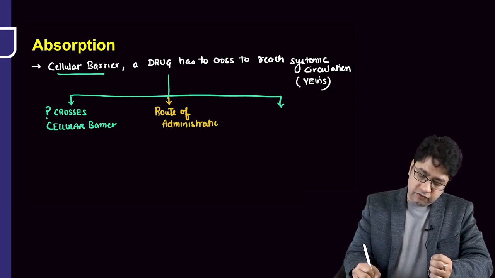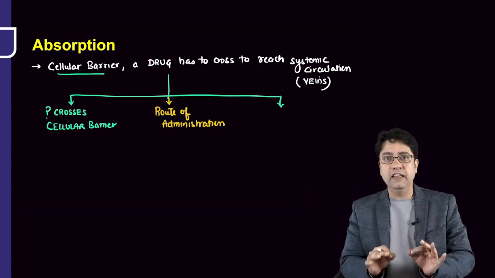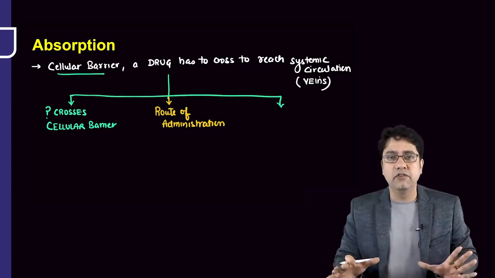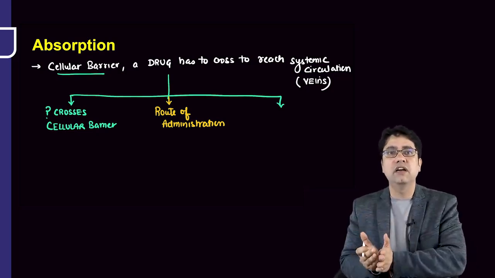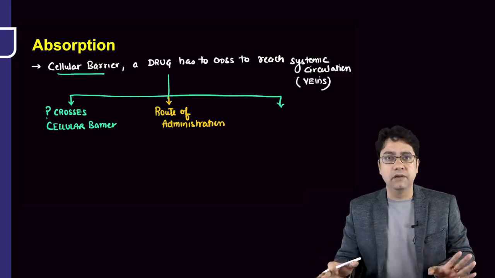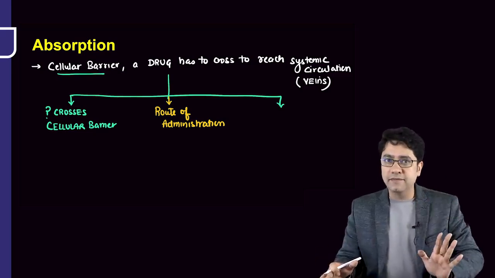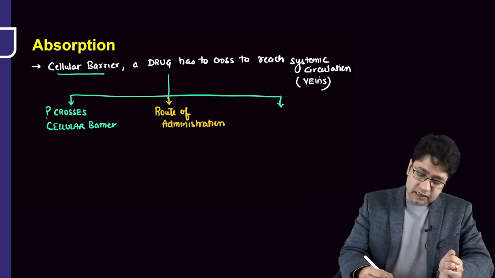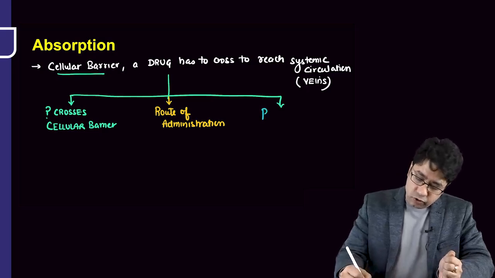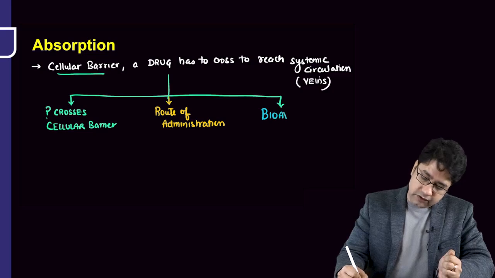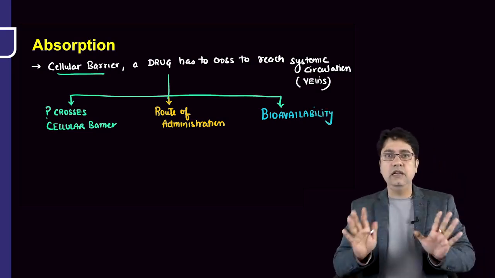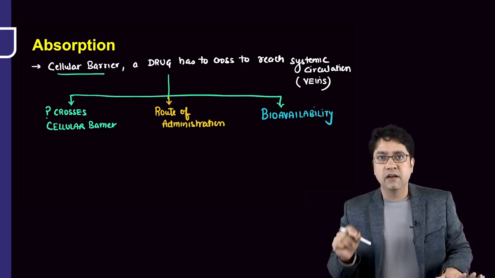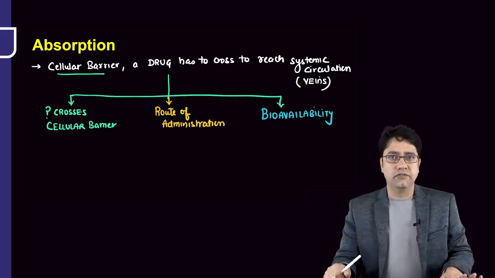And lastly, if we have decided the route of administration, finally how much amount of the drug is coming into the blood, we calculate that thing. And that parameter is known as bioavailability. So we will calculate bioavailability of a drug.